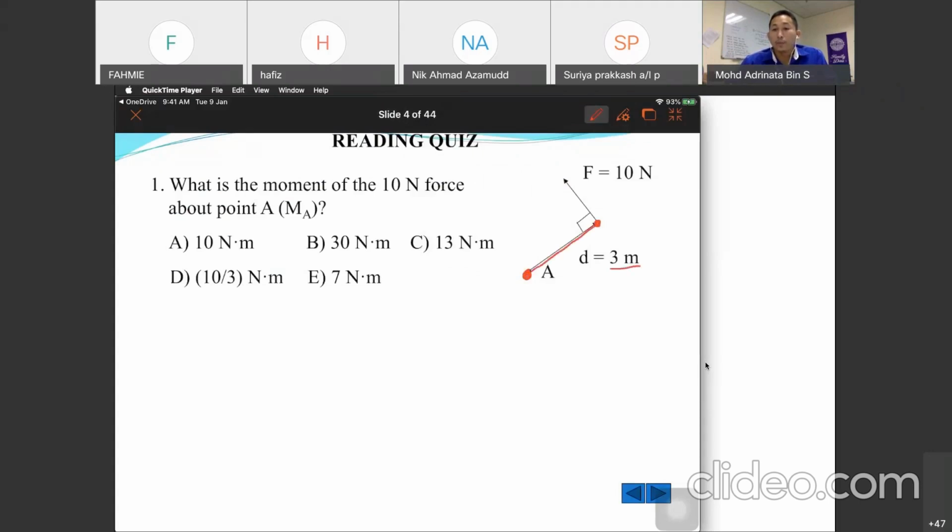So the moment is the force times the distance. So the unit should be Newton meter.